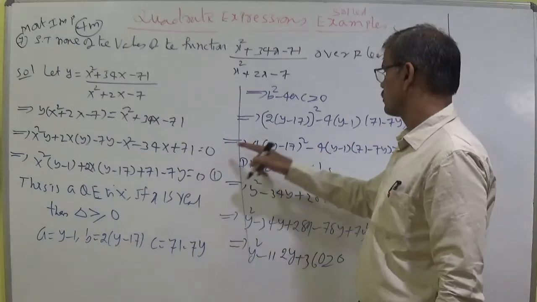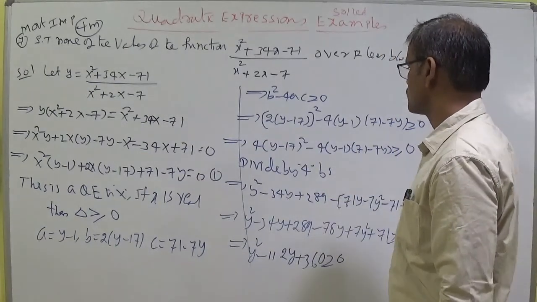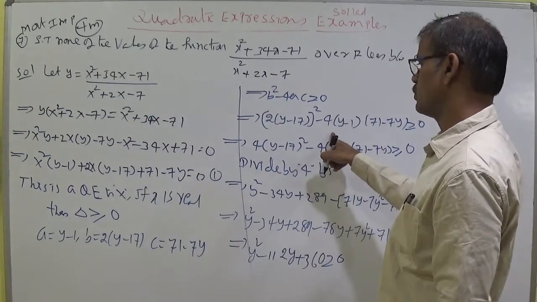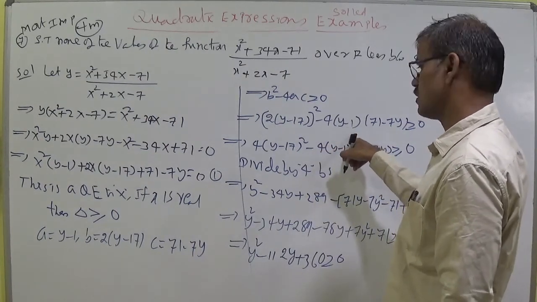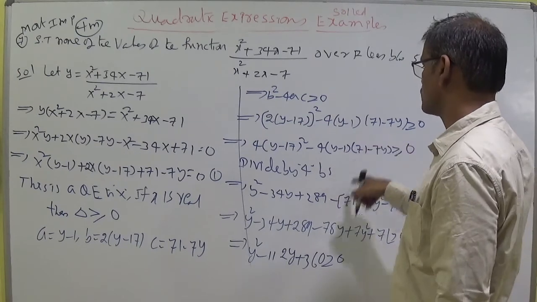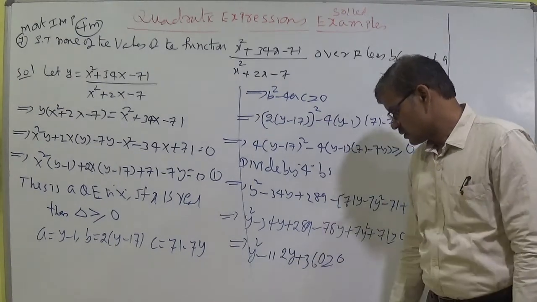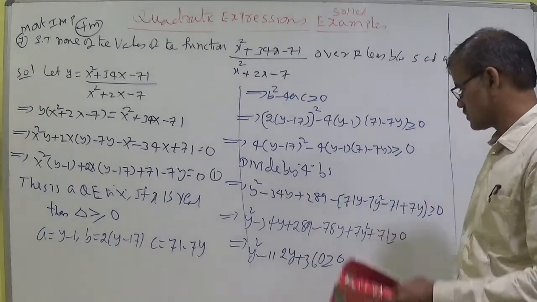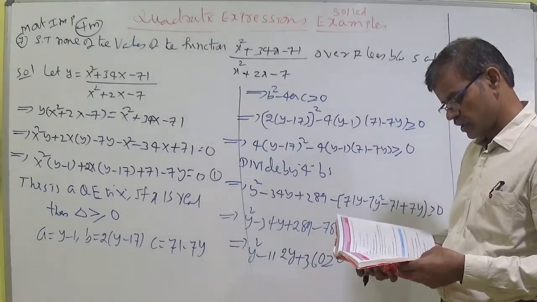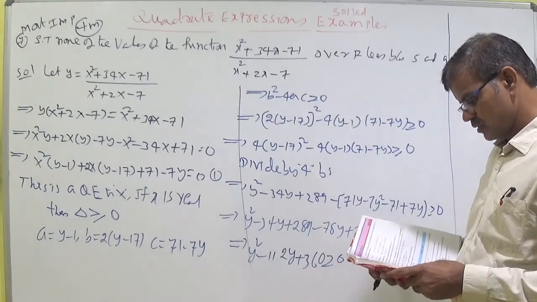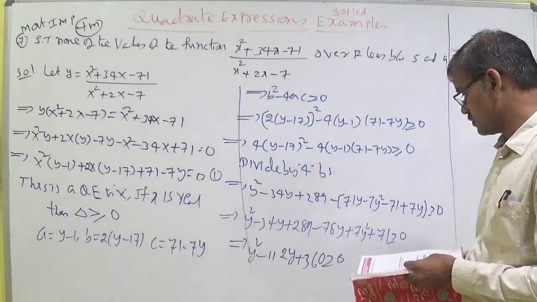Let us verify the b square minus 4ac concept. This is 2 square minus 4ac, 4 into a, meaning y minus 1, and this is 71 minus 7y. Exactly as we have done, but we should verify the factors, and here we got 14y plus 45. So it is absolutely right.